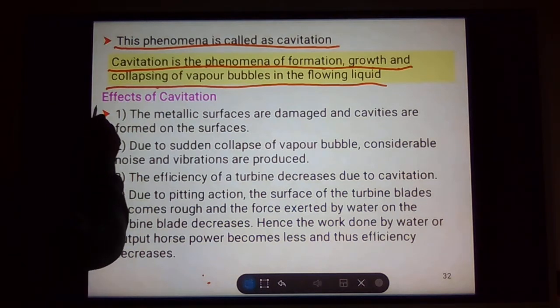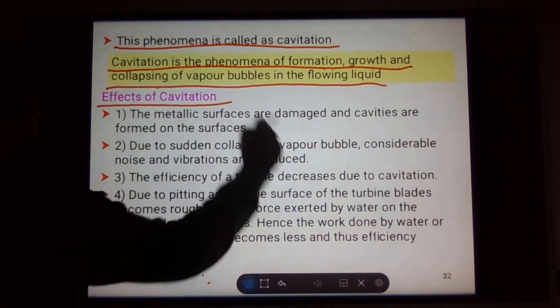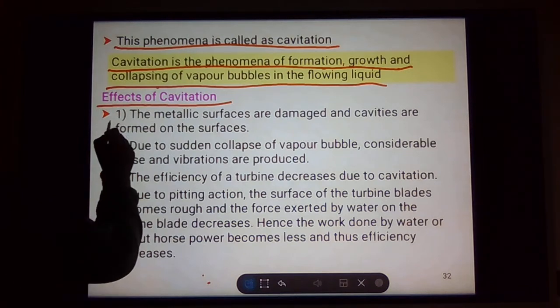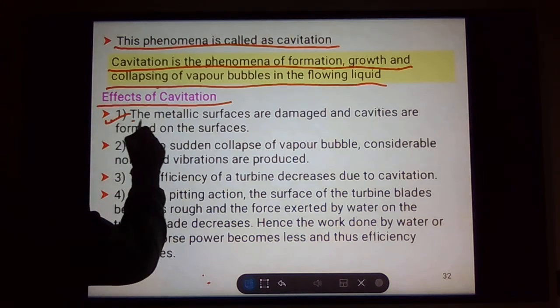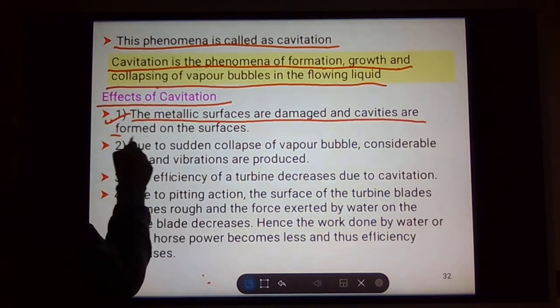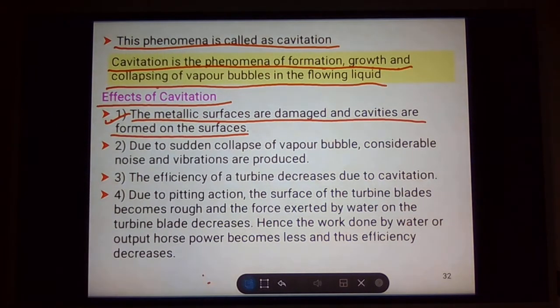Now, what are the effects of cavitation? What are the harmful effects we have encountered with cavitation? Number one, the metallic surfaces are damaged and cavities are formed on the surface. The surface near which this cavitation occurs can be prone to damage, and cavities are formed on those metallic surfaces due to the high pressure.